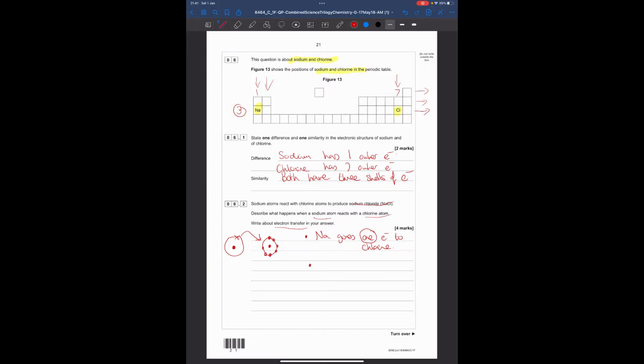What is going to be created as a result of that? Well, the first thing is, because sodium loses an outer electron, it then becomes a positive ion. Okay, so sodium becomes a positive ion because it's lost an electron. Chlorine becomes a negative ion.